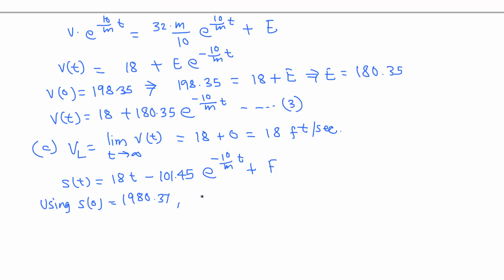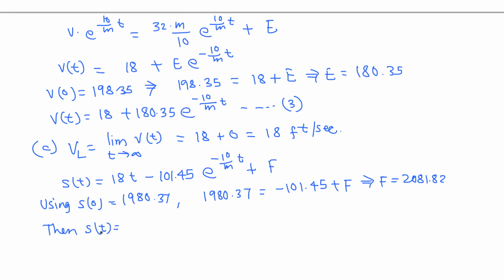We get 1980.37 equals 18 times 0, e raised to 0 is 1, so negative 101.45 plus f, that gives f equals 2081.82.